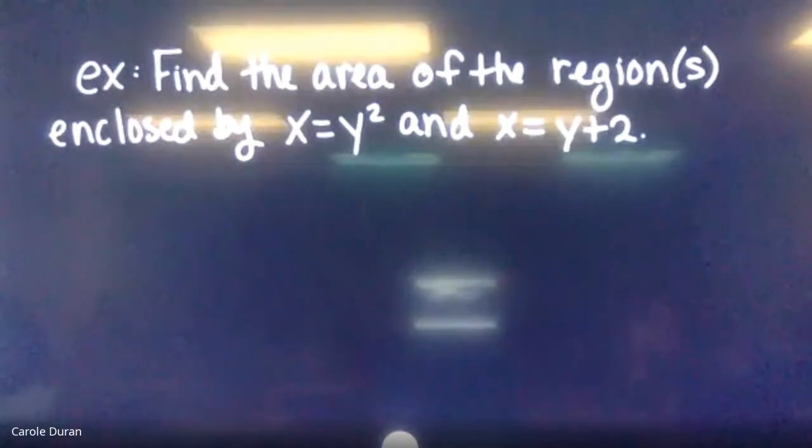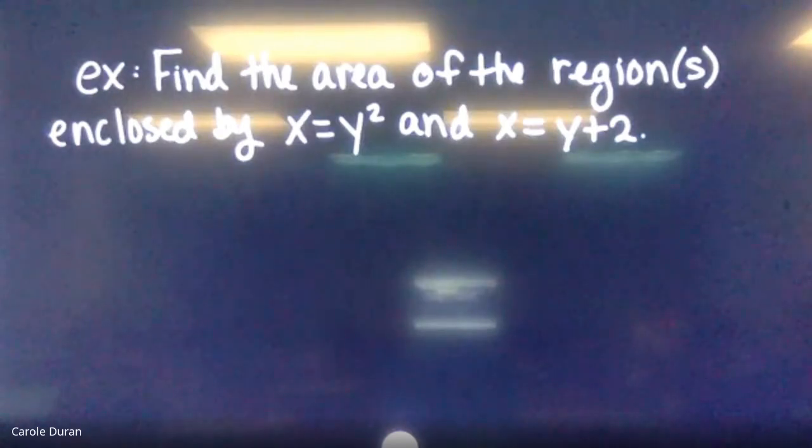Okay, so this one is asking us to find the area of the region or regions enclosed by x equals y squared and x equals y plus 2. What do we already notice is different? Actually, these are functions of x in regards to y.